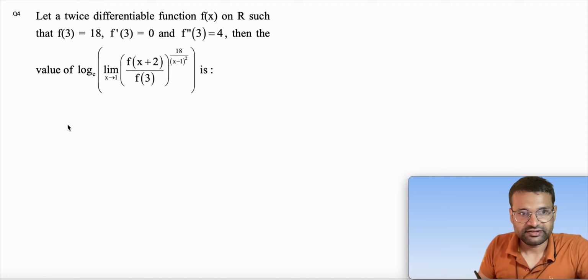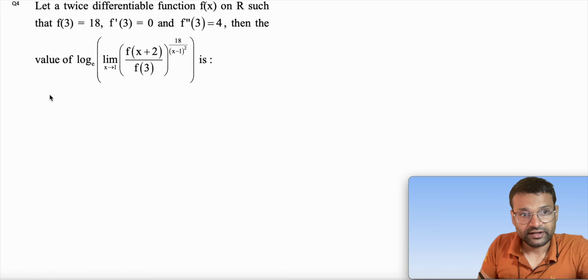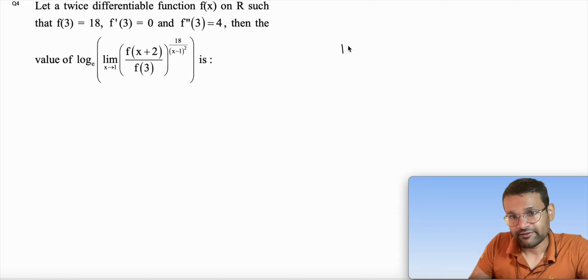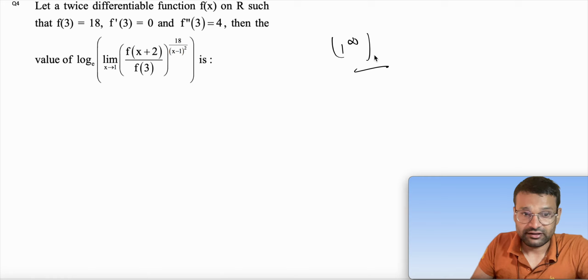Now the next question is from the limit topic, and this one is also a very simple question. For solving this, you must know the idea about 1 to the power infinity terms, how we solve when it becomes like that.